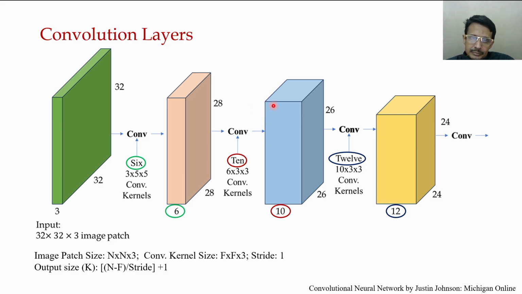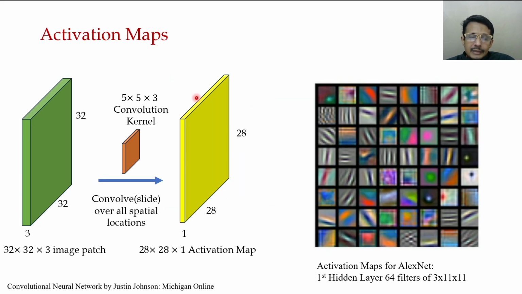Now the basic thing we have learned here: this is an image patch, and this is the first layer of activation, and with a single kernel, it may be a horizontal line or a vertical line we are searching for.